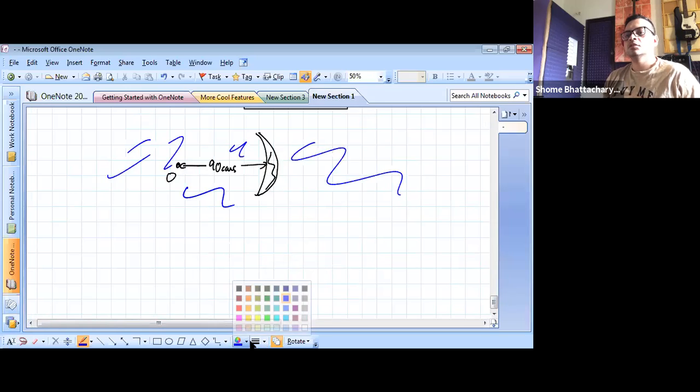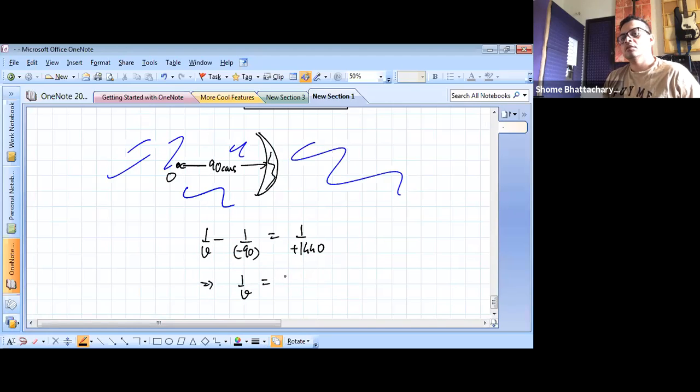So we'll use the formula 1 by V minus 1 by U is equal to 1 by F. Yeah, so you'll see that we will get this as a negative quantity.